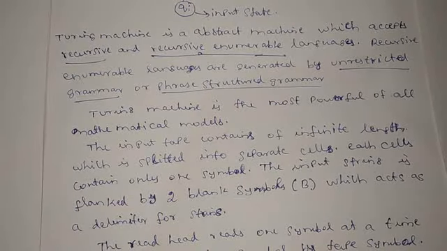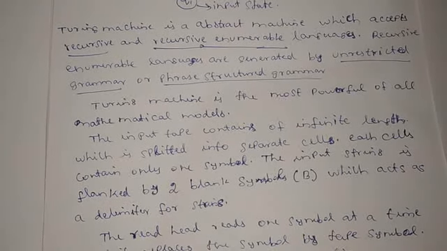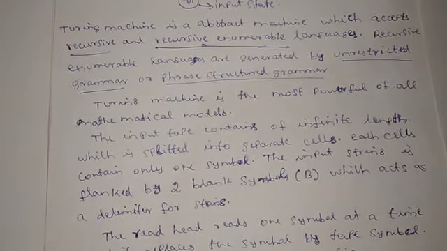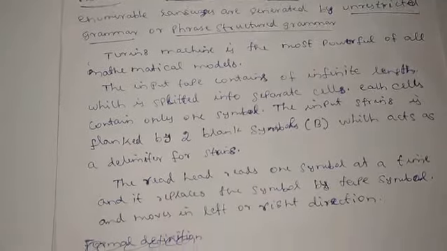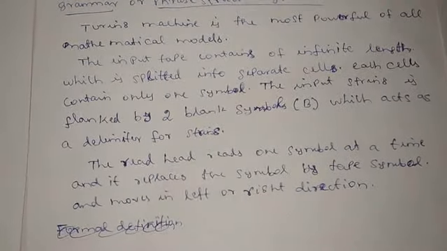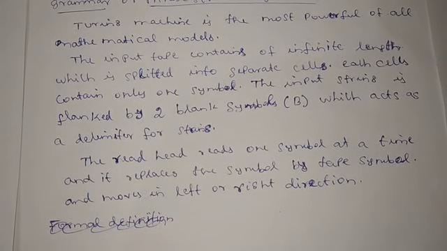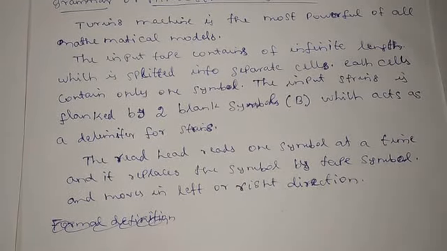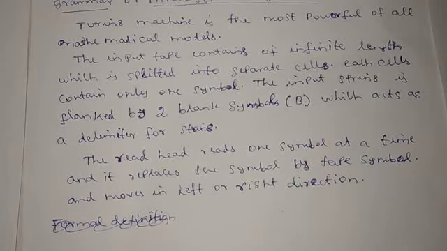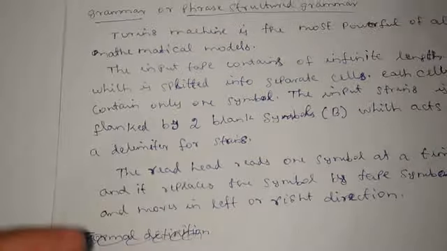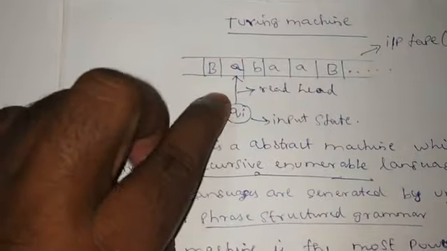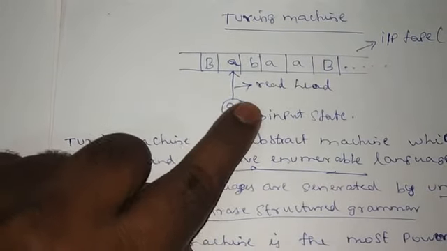Now, the two blank symbols act as a delimiter here. Whenever an input state reads one symbol, it replaces the symbol by a tape symbol, and it moves in the left or right direction. This read head is capable of moving in both left and right directions.